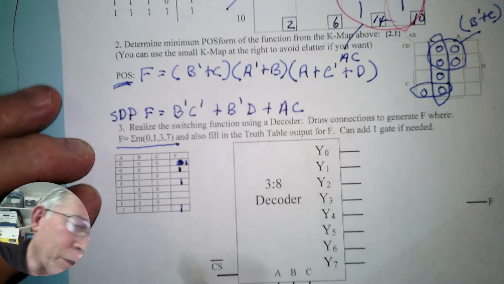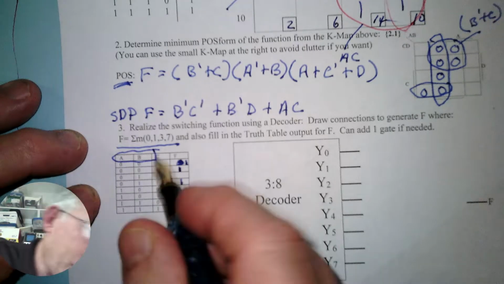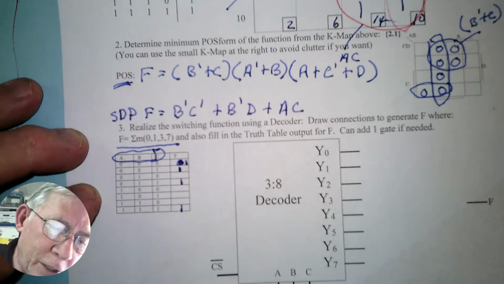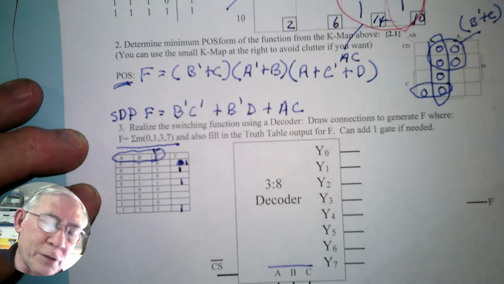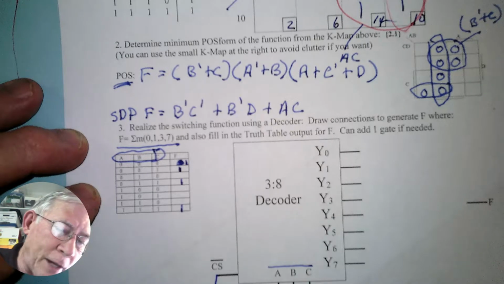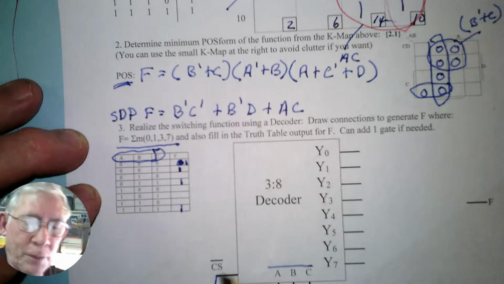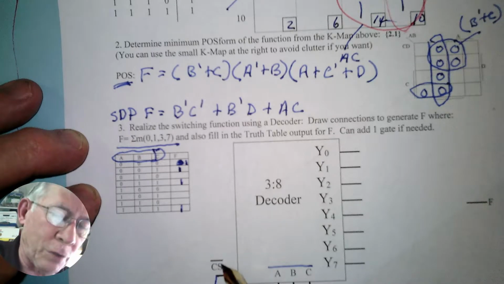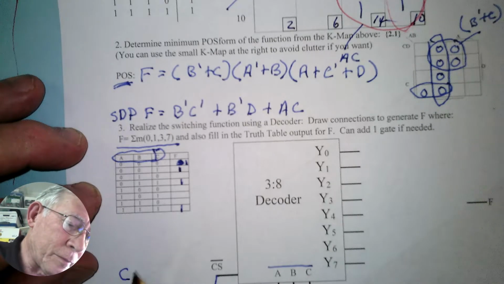Okay. Notice my independent variables A, B, and C are going to be connected here, A, B, and C, to my address lines. My chip select has to be grounded for anything to work on this chip at all, because it's a not chip select, if you will, because it's got the bar over it. People use bars.